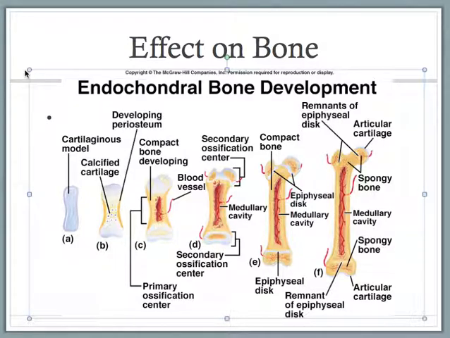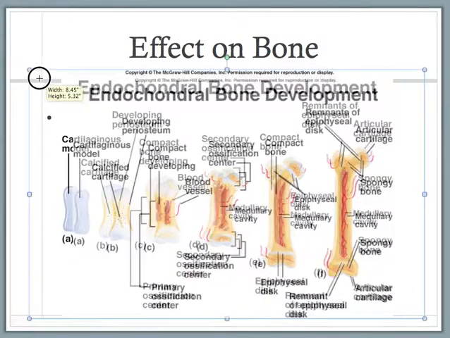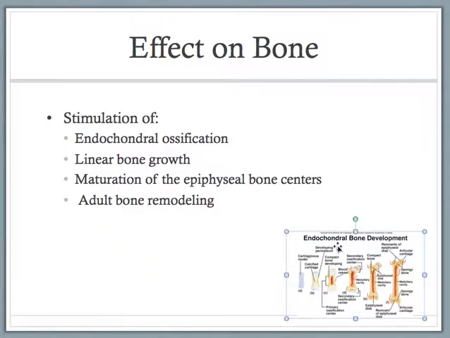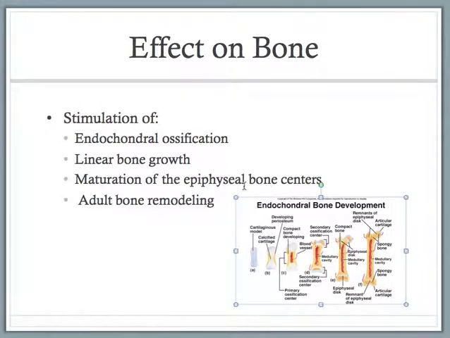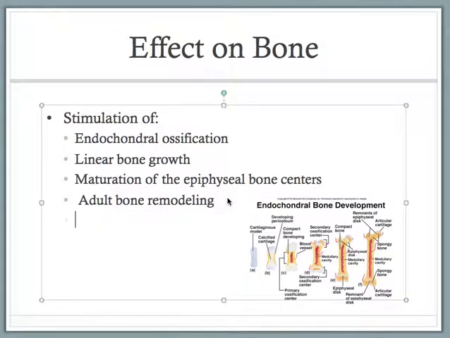So in order to have normal endochondral bone development, thyroid hormone is necessary. It helps linear or long bone growth, maturation of those epiphyseal, like growth plate centers, and it's also really important with adult bone remodeling because of the C cells in the thyroid that help make calcitonin.